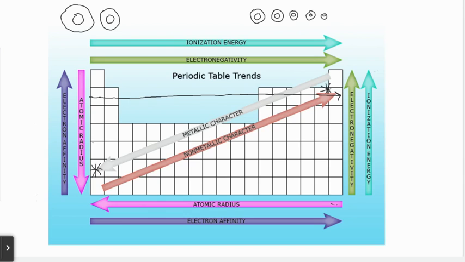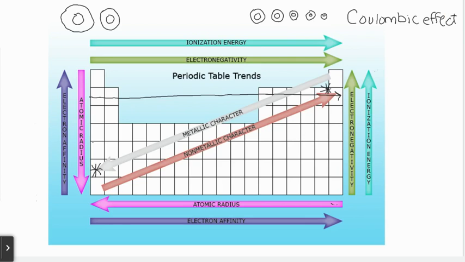So what's governing the trends in the periods going from left to right across the periodic table is going to be called the Coulombic effect. So anytime you're describing why the trends are happening from left to right across a period, it's going to be called a Coulombic effect. And the Coulombic effect is caused by the increased nuclear charge as you go from left to right.